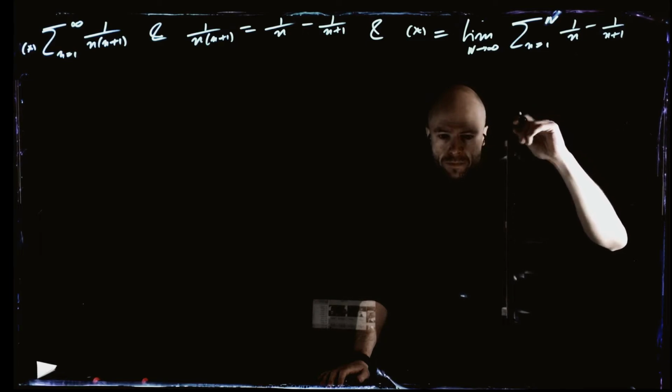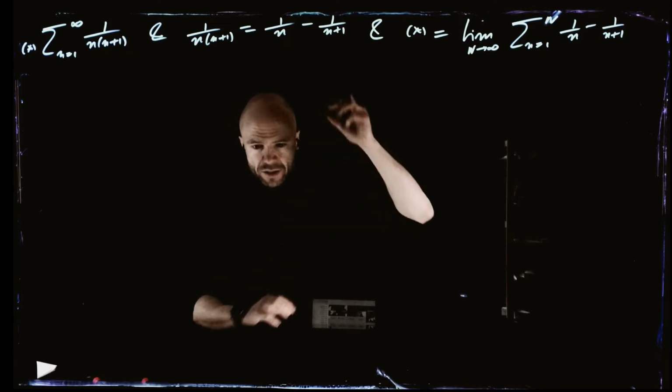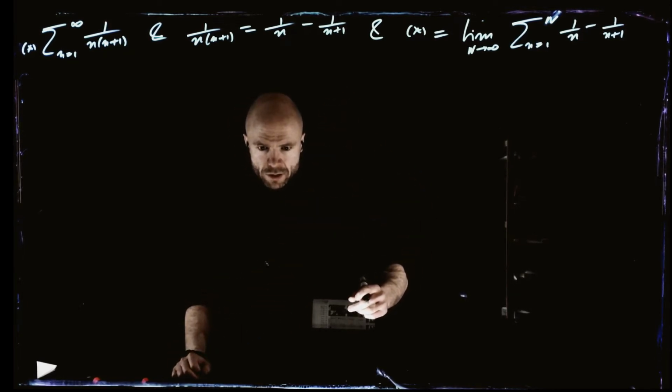That's the meaning of this. This has no other meaning except as the limit of these partial sums from n equals 1 to capital N. That's what we discussed.